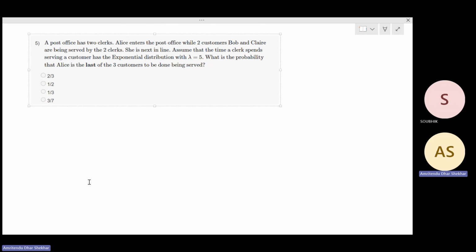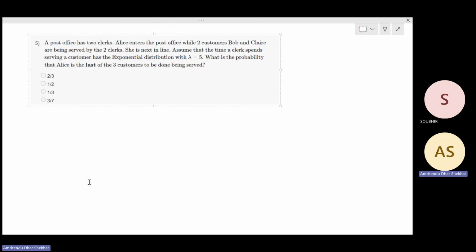Alice enters the post office while two customers, Bob and Claire, are being served by the two clerks. She is next in line. Assume that the time a clerk spends serving a customer has the exponential distribution with lambda equals 5. What is the probability that Alice is the last of the three customers to be done being served?